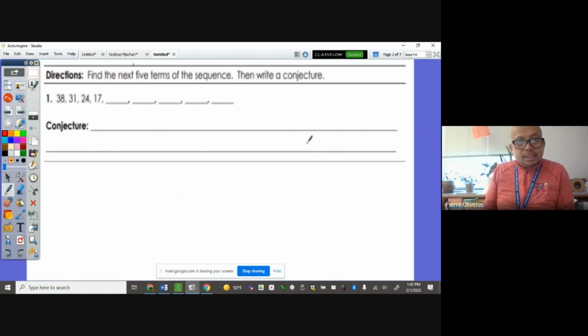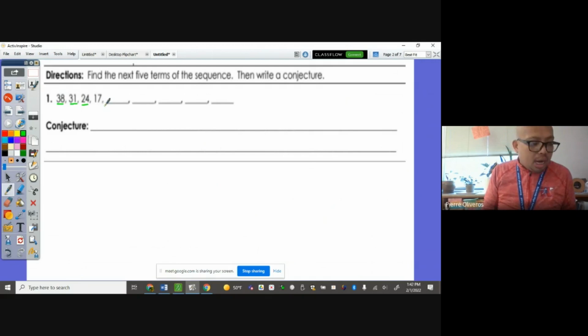So let's find the next five terms of the sequence, then write a conjecture. For example, number 1: 38, 31, 24, 17. What do you think will be the next five terms, and what is happening there? I can observe 38, 31, 24, 17.